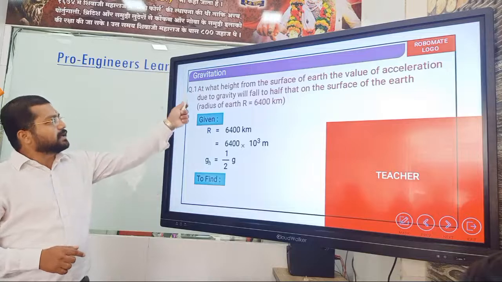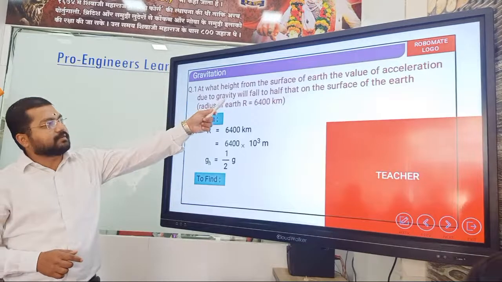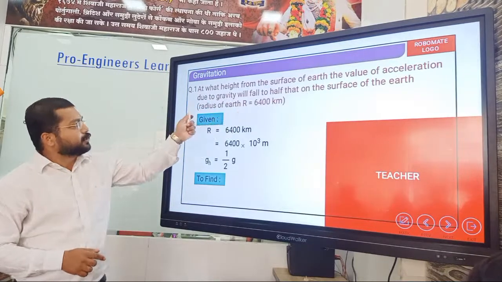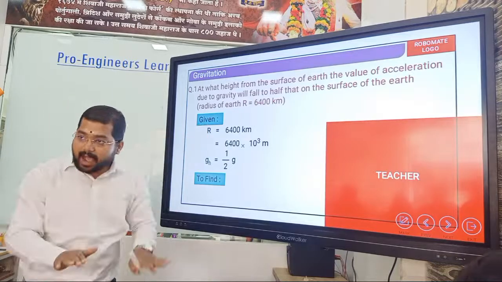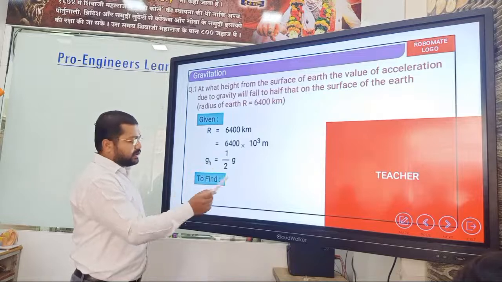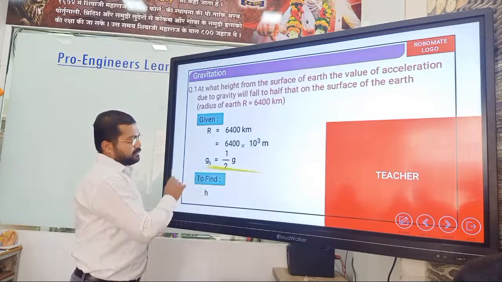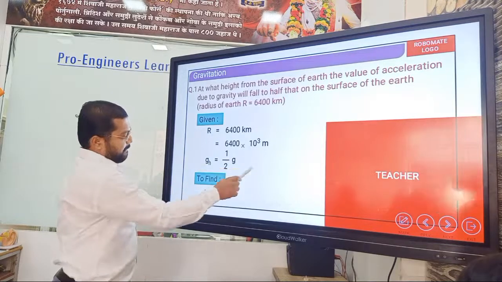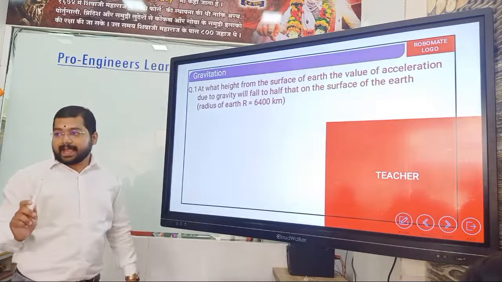So here, what is the question? At what height from the surface of the Earth will the value of acceleration due to gravity fall to half, right? That's why we have considered 1/2 g. So we have to find height.